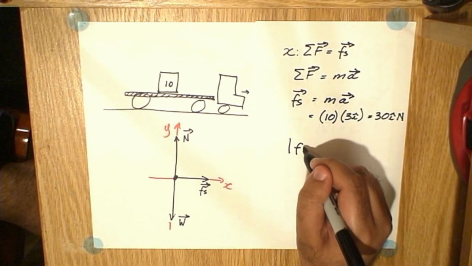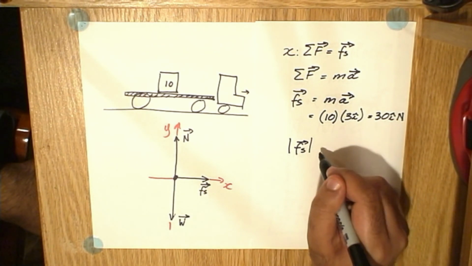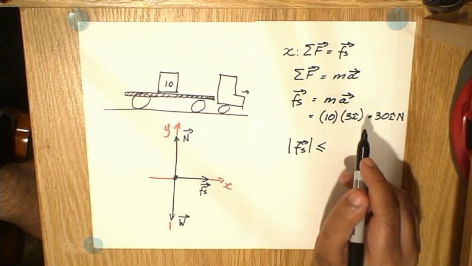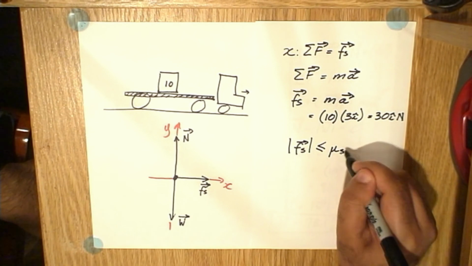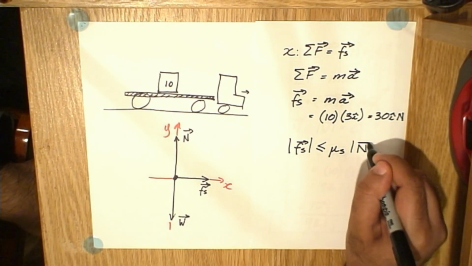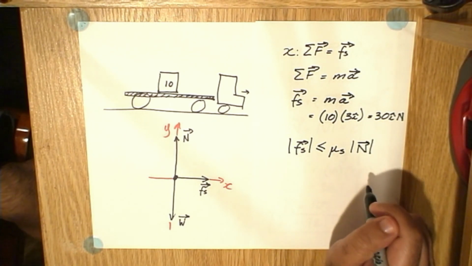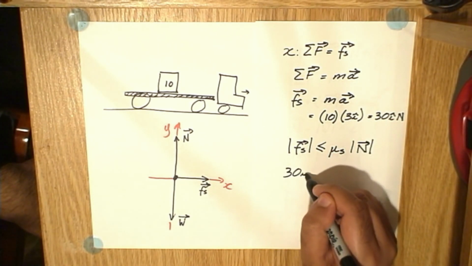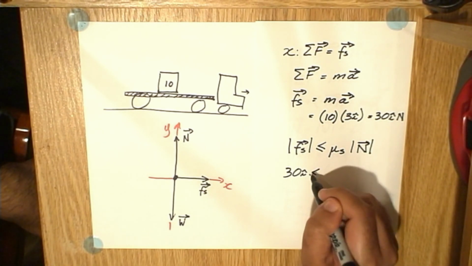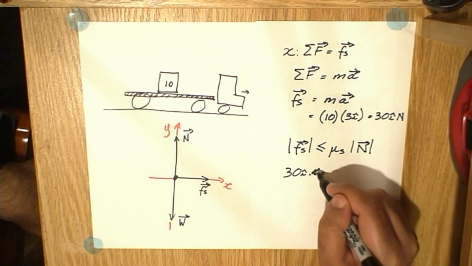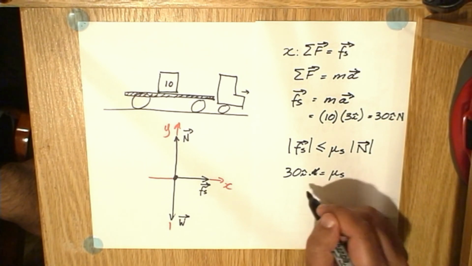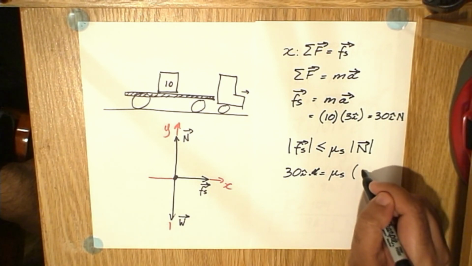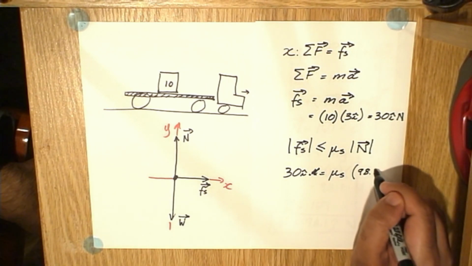Now, if the threshold value of the static friction was 30 newtons, we can solve for what the coefficient of static friction is using this equation, the equation for static friction. So the threshold value was 30 i-hat newtons, and that is equal to the coefficient of static friction multiplied by the size of the normal force, which we found out a moment ago was 98.1 newtons.